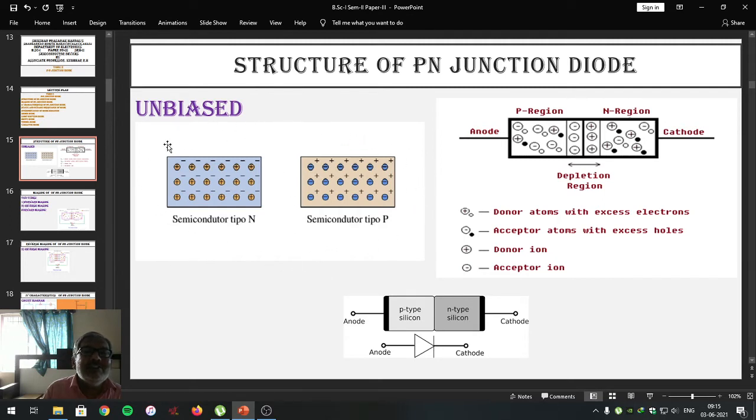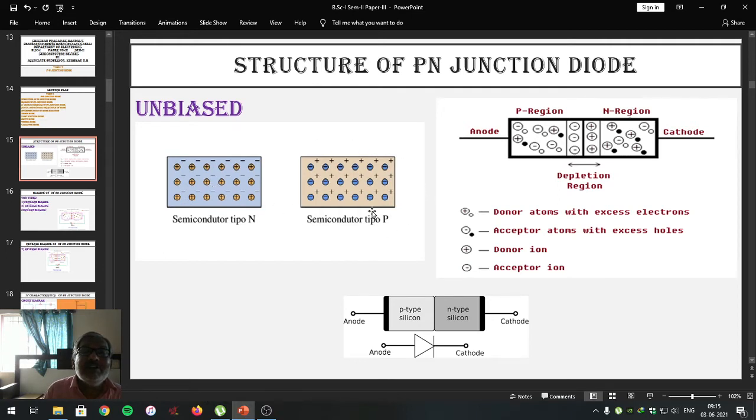Look at here, this is the N type of semiconductor, which has negative electrons as the majority charge carriers, and along with the positive ions, it has some minority charge carriers, the holes.